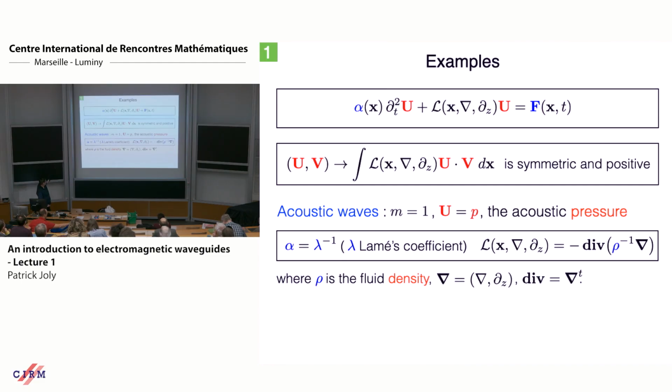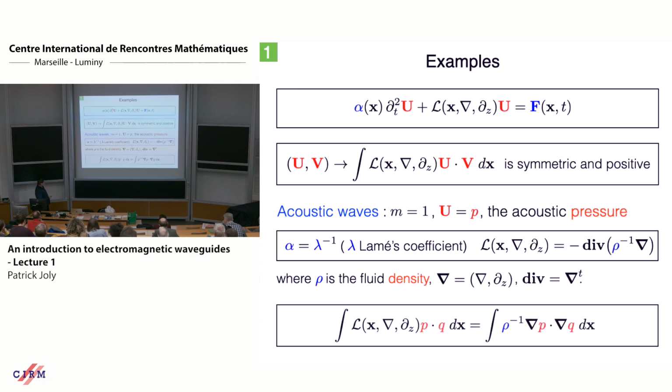So the first example is for acoustic waves, which is a scalar model where the unknown is the acoustic pressure. The operator L is this div-grad operator with variable coefficients, and the bilinear form is simply the grad-grad bilinear form, which is clearly symmetric and positive.